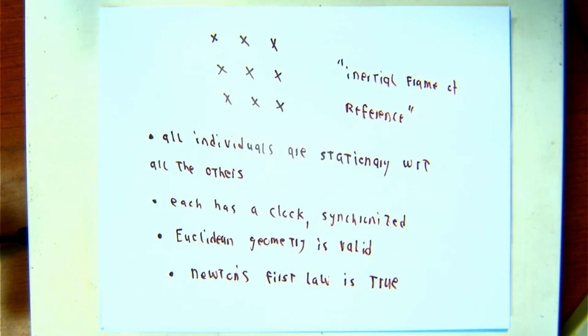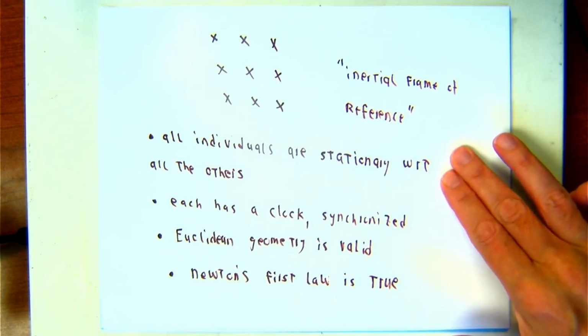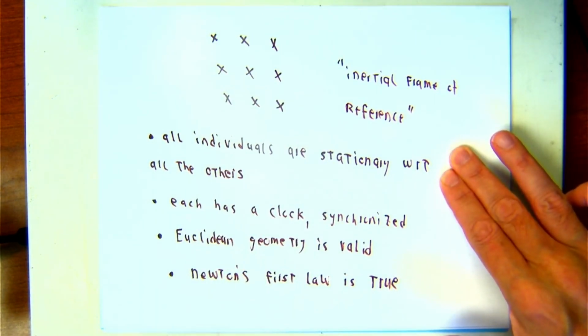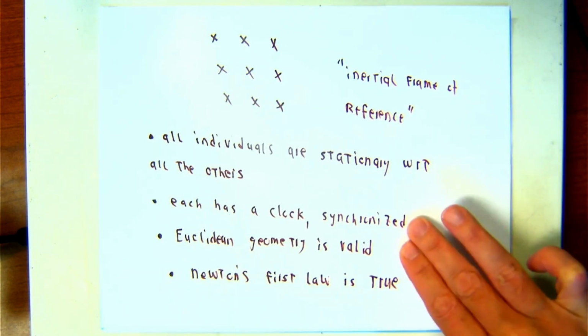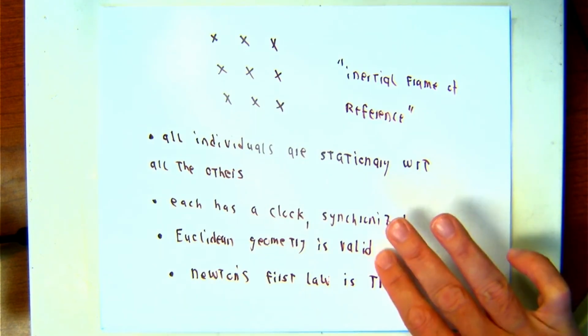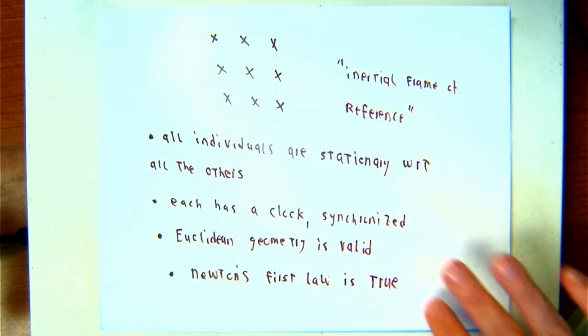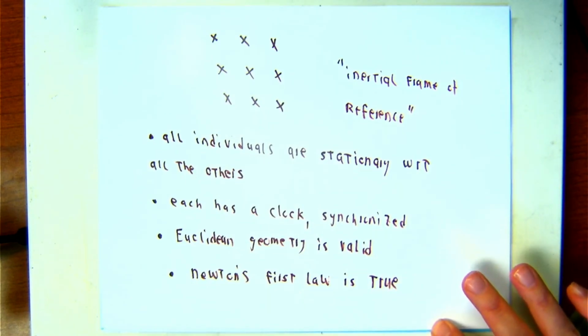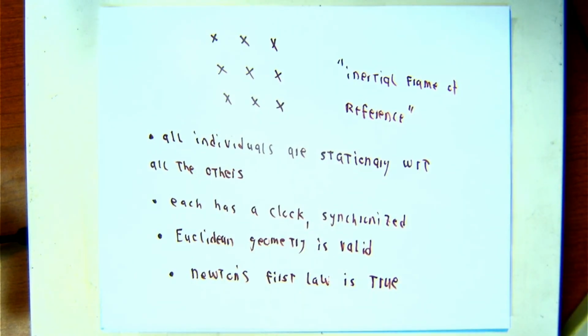All of these individuals need to be stationary with respect to each other. This keeps us from missing the bus, among other things. Each one has a clock that is synchronized with all the others. Euclidean geometry is true. Newton's first law is true. The premise that we're going to begin with is that it's possible to cook such a situation up.